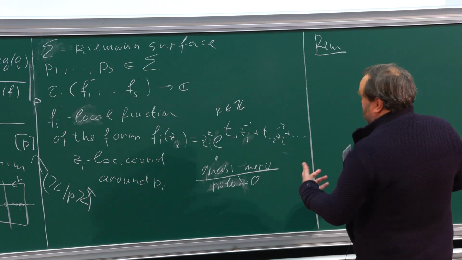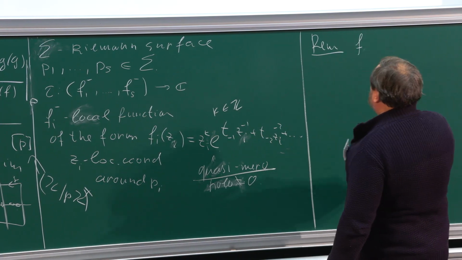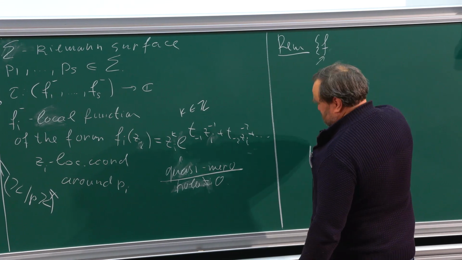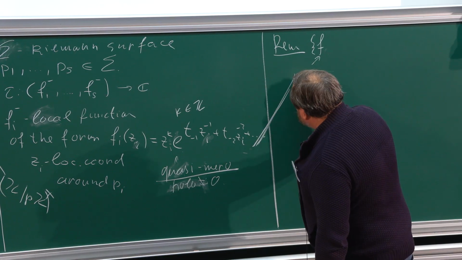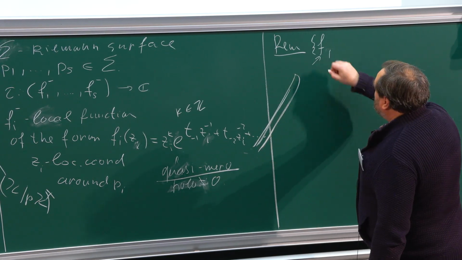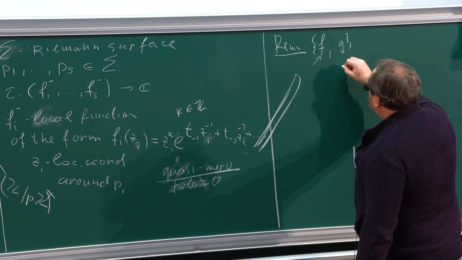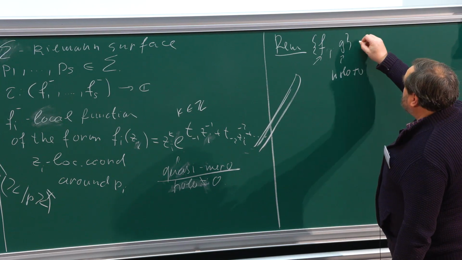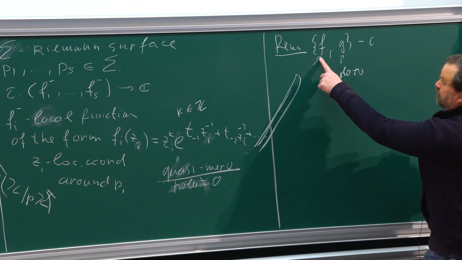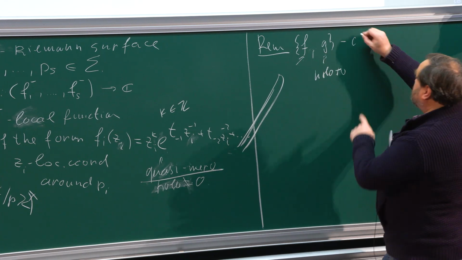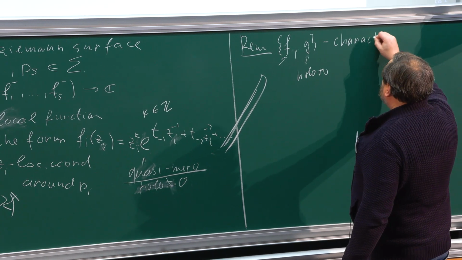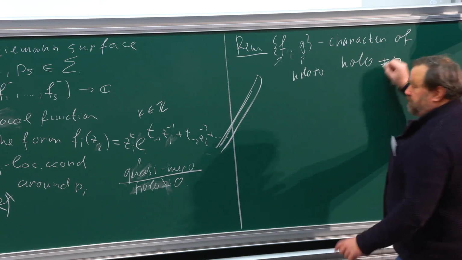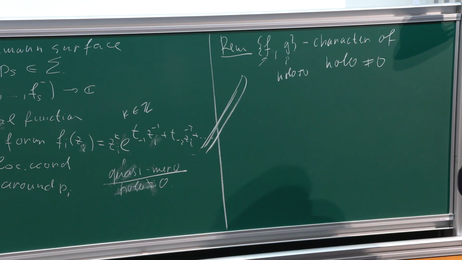And the remark is the following: if you take a quasi-meromorphic function f, and then the quotient f g with g holomorphic non-zero, then this is a character. If you fix f, you can consider it as a character of holomorphic non-zero functions. It's just a way to write down a character.